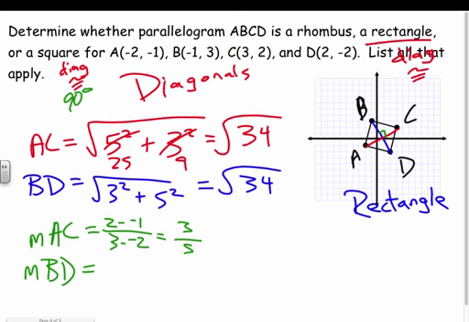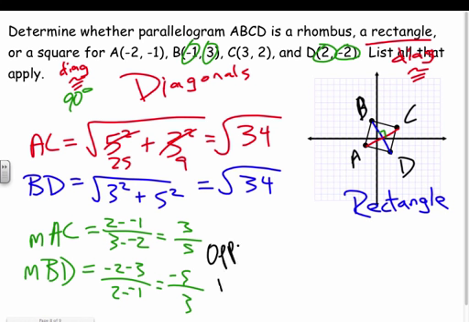Subtract my y's on top: -2 minus 3, over 2 minus -1. And we have -5 over 3. So 3/5 and -5/3, those are opposite reciprocals. So I know that it makes a 90-degree angle, which means this guy is also a rhombus.